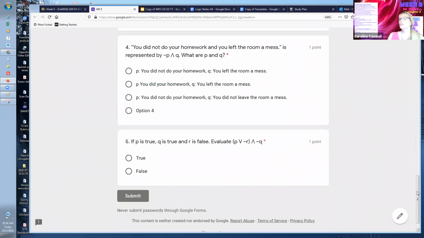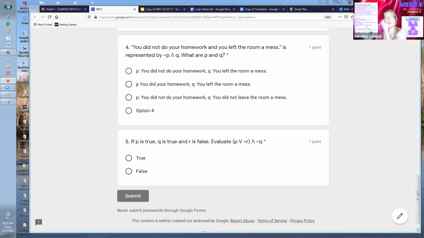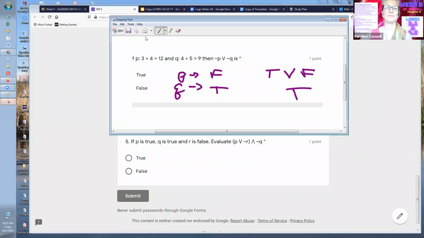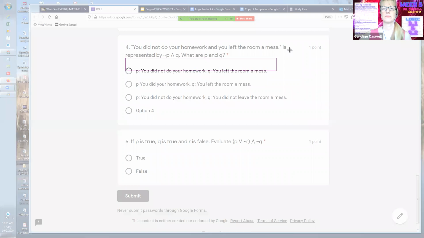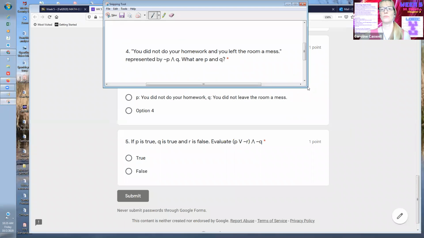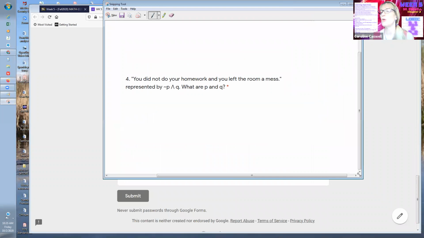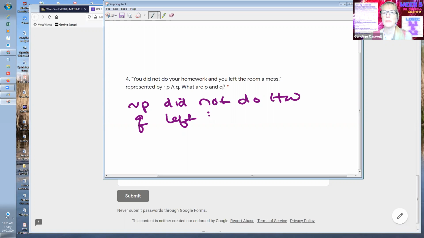Question 3. You did not do your homework and you left the room a mess. These are your two statements. So I'm going to go ahead and pull this one up again. You did not do your homework is represented by P. Q is represented as left the room a mess.